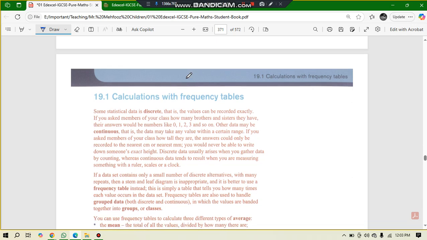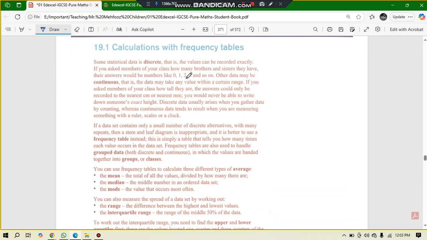So first of all, our first topic is 19.1, that is calculations with frequency tables. Some statistical data is discrete. Discrete means that which we have to count, that is, the value can be recorded exactly.